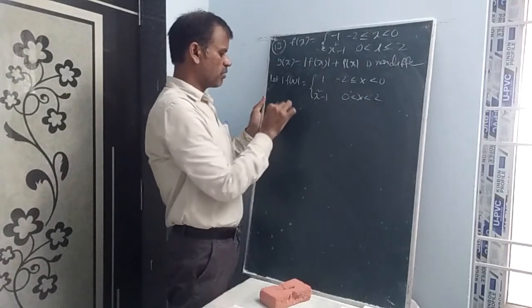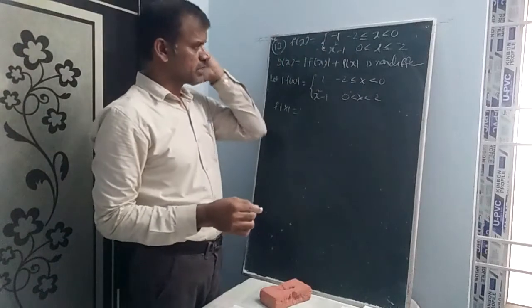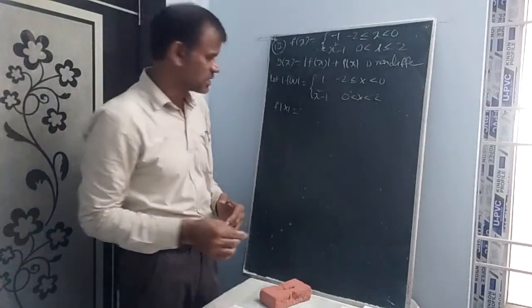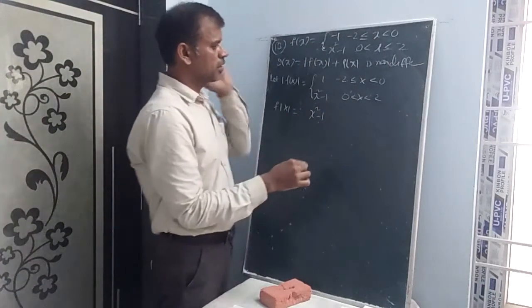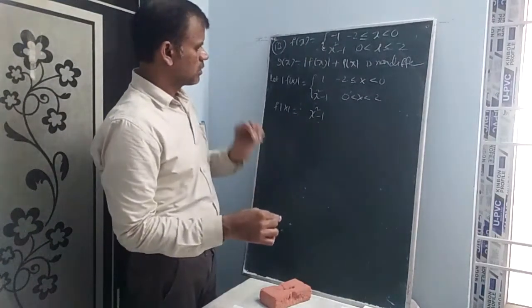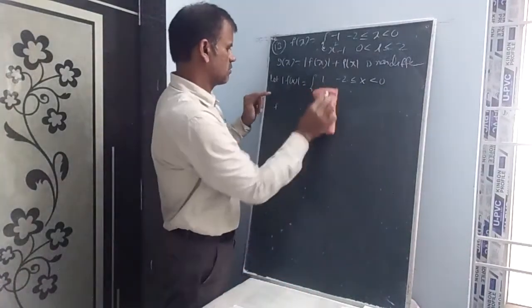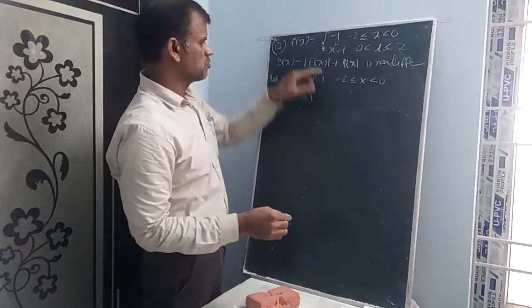Now f of modulus of x. Here it is not the modulus of the full f of x. F of modulus of x means you should consider only x, not the constant. F of modulus of x is x square minus 1. But for modulus of f of x, another case is needed.